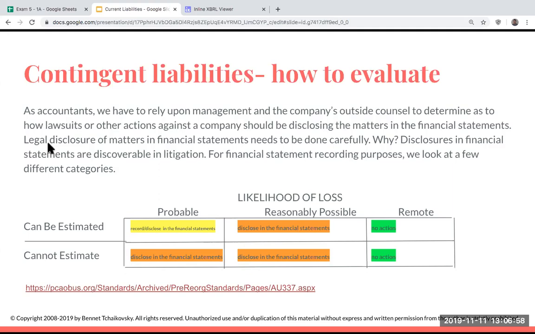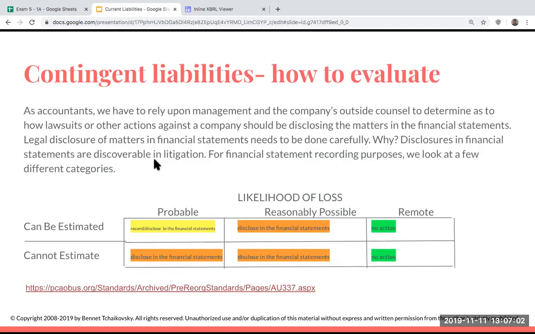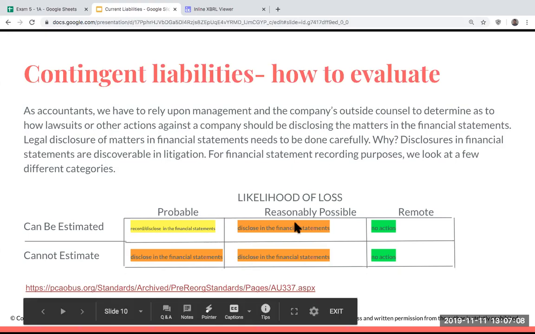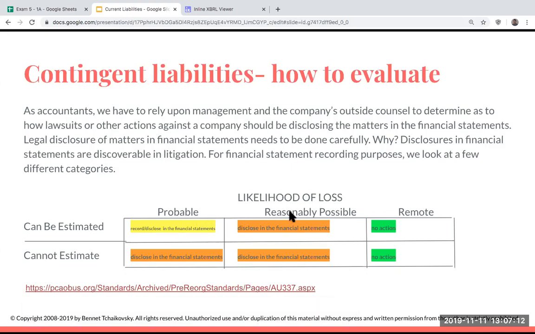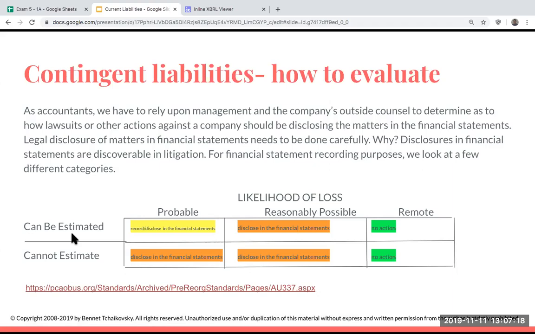So for our purposes, what we're going to be doing from a financial statement perspective is we have 6 categories. The likelihood of loss being probable, reasonably possible, or remote. And then we have 2 subcategories where we can estimate it or we cannot estimate it.